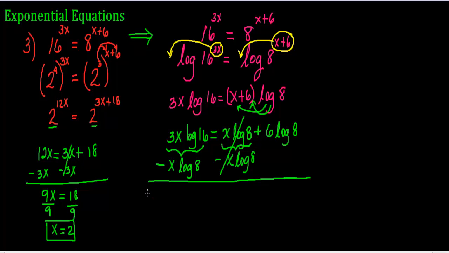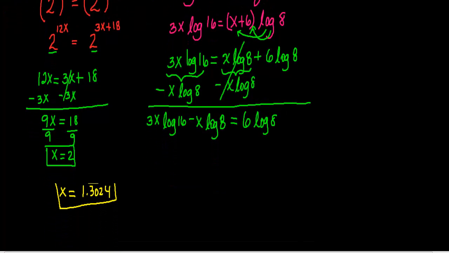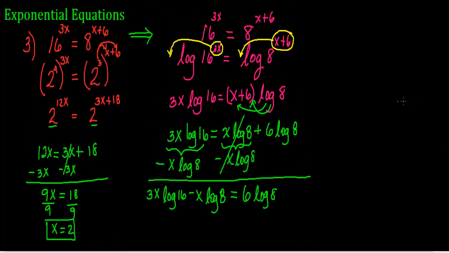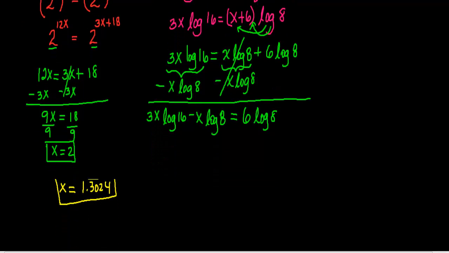On this side, I'm left with 3x log of 16 minus x log of 8 equals 6 times log of 8. You see how complicated this gets? So it's very convenient to watch out for when you can rewrite with the same base because it's much simpler.